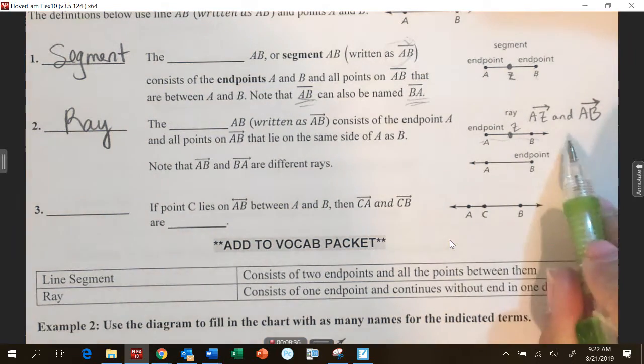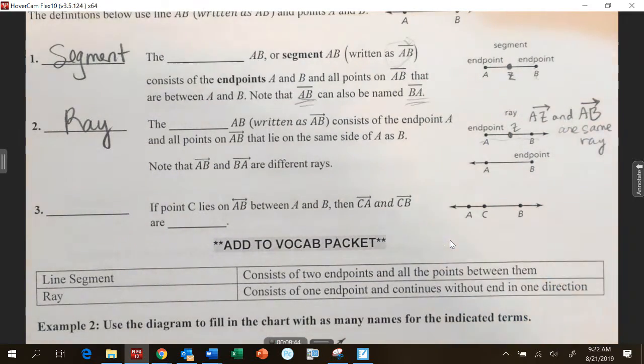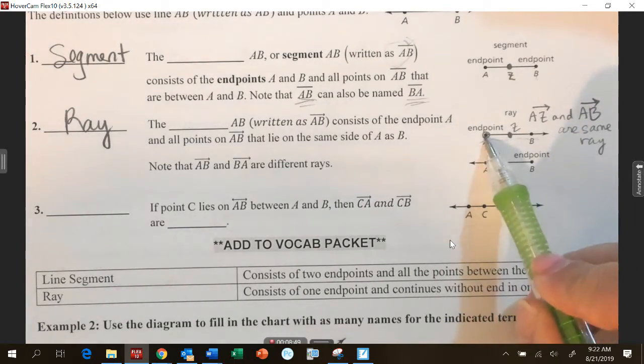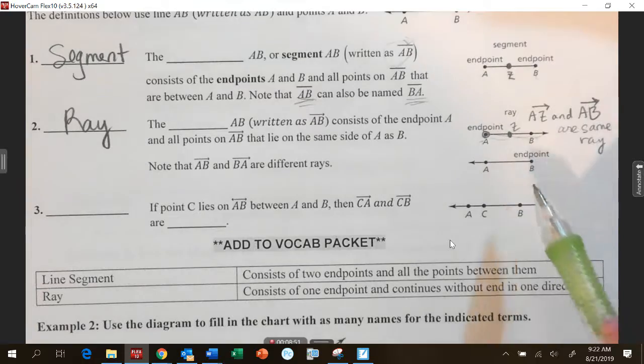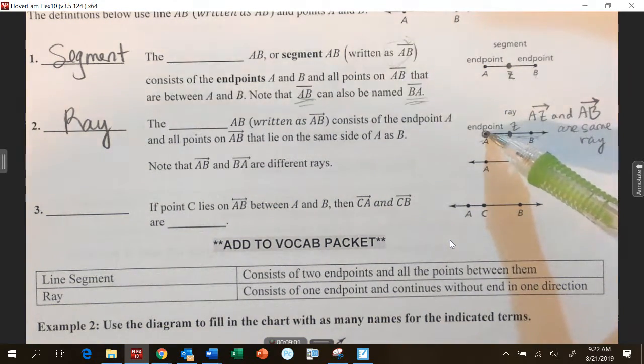So if I said AB and AZ, these are the exact same rays. AZ and AB are the same ray. Because if you think about a flashlight, if my flashlight is at A and it points this way, it's going to go through Z. It's going to go through B. It doesn't matter what the second point is that you say. You're just telling me, where's my flashlight? Start at A.